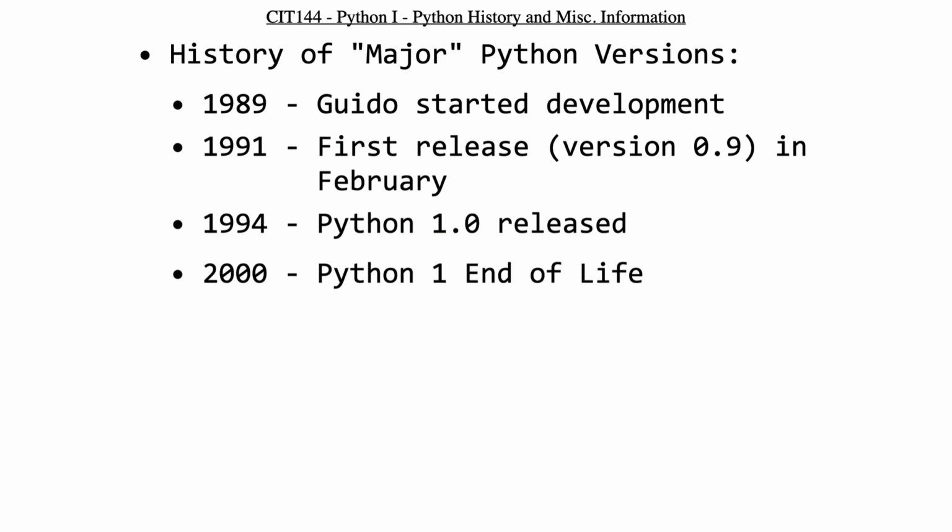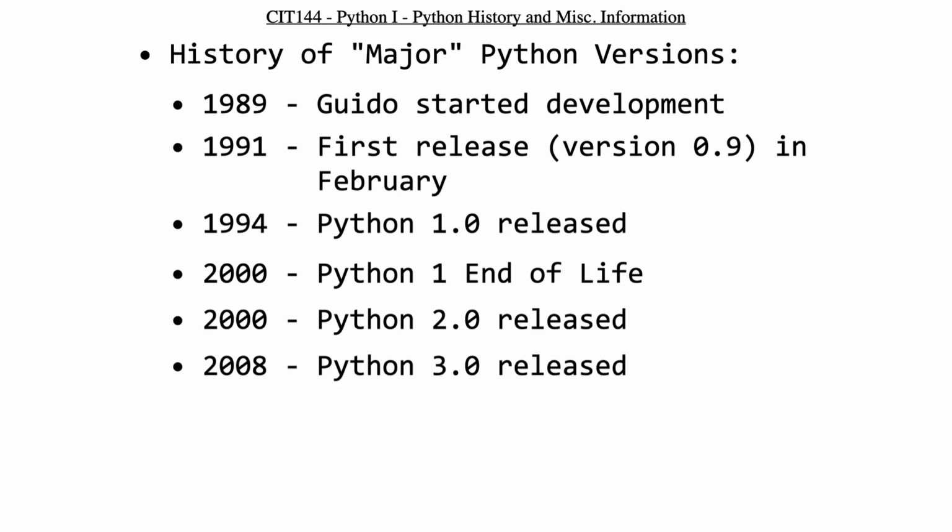So in the year 2000, Python 1 was declared end of life simultaneously with Python 2.0 being released. Then 8 years later, in 2008, Python 3 came out. You had version 2 and version 3 that coexisted and were being used for development for a decade plus.